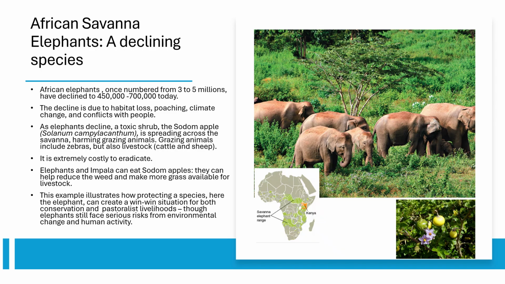African elephants used to number 3 to 5 million in the early 1900s. And today they have declined. The estimated number is somewhere between 450,000 and 700,000. The decline is due to habitat loss, poaching, climate change, and conflict with people.